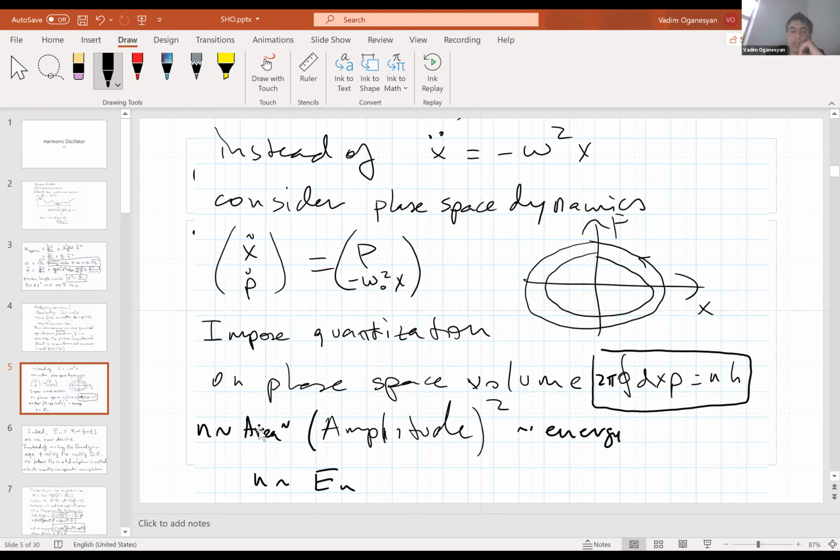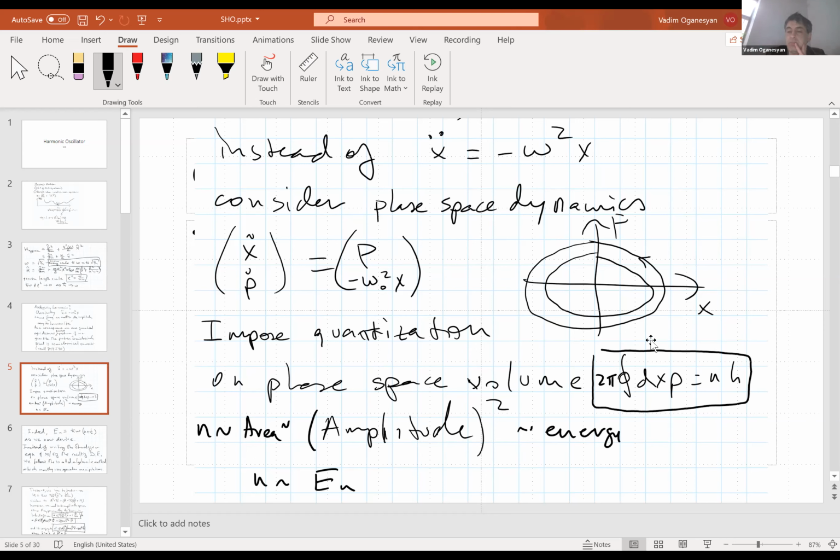And so the interesting thing here is that if you think of what an area is, it's proportional to the size of the orbit squared, right? It's an area, it's pi r squared. And so you see that the area is going to be proportional to the amplitude squared, but amplitude squared is actually the energy.